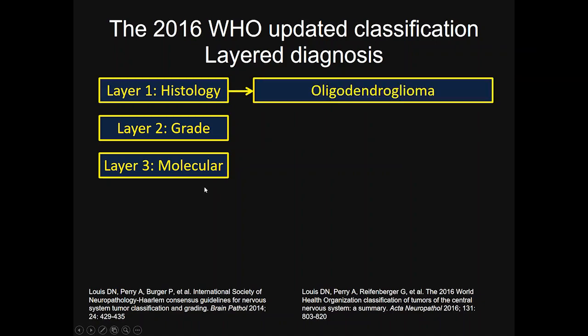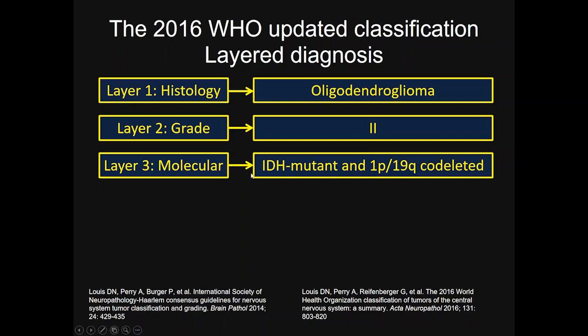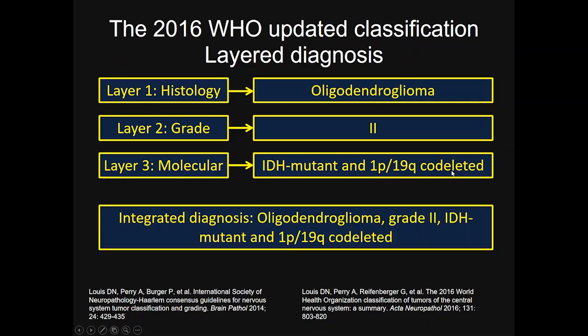For example, if the tumor is an oligodendroglioma and the grade is grade 2, the neuropathologist will also have to do IDH mutation status and 1p19q. And if this tumor is IDH mutated and 1p19q co-deleted, the integrated diagnosis should look like this, where you have oligodendroglioma grade 2, IDH mutated, and 1p19q co-deleted.